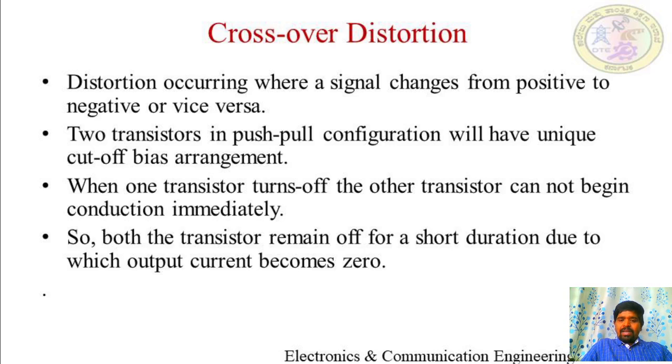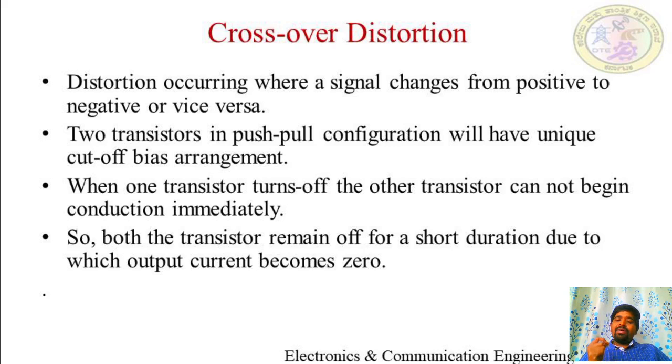So what exactly happens here is, when one transistor turns off, the other transistor cannot begin conduction immediately. There will be switching of conduction from one transistor to the other transistor. But the problem is, when one transistor turns off and the other starts conducting, there is a gap actually. This gap causes the crossover distortion.